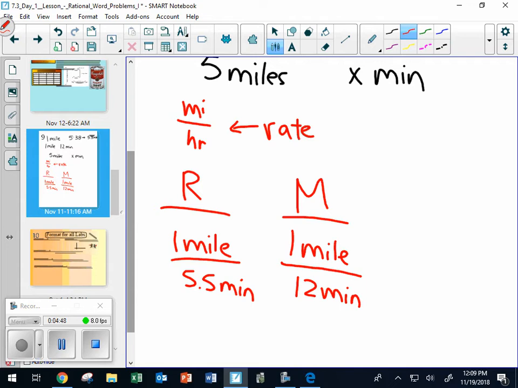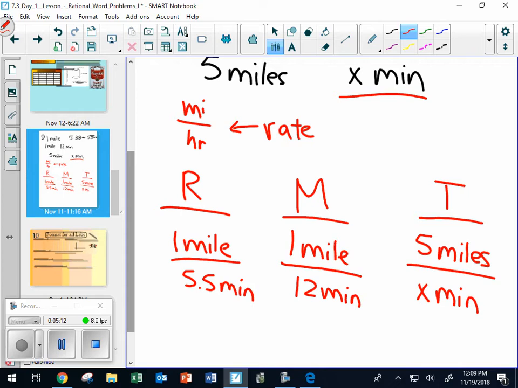Okay, so we've got these 2 rates. But what do we want to find out? Eventually, we want to figure out how much time it would take us to run 5 miles together. So if we are running together, and we know that we want to run 5 miles, and we want to find the amount of time, now we have 3 different rates. How do they relate to each other?